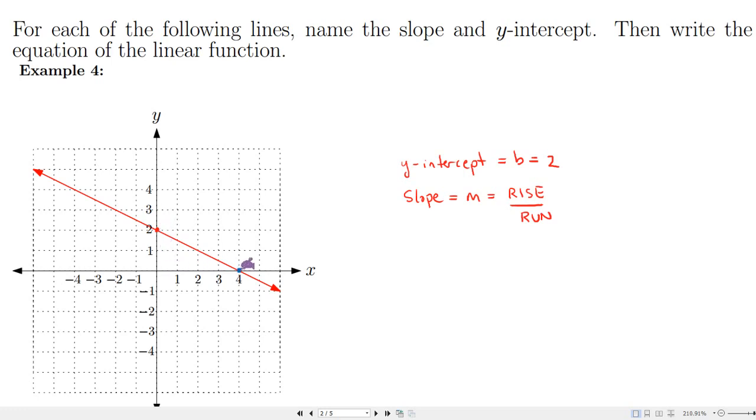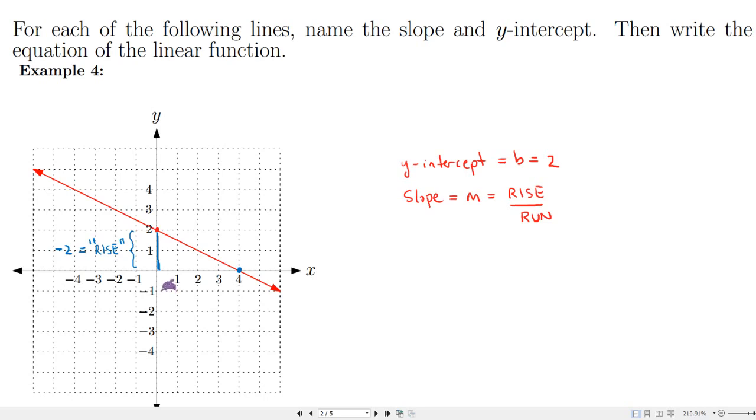In order to get from this point to this point on the line, what do we have to do? So here, the rise is what? To go from here to here, that's actually -2, right? We have to decrease the y value by 2 to get to this 0, the origin.